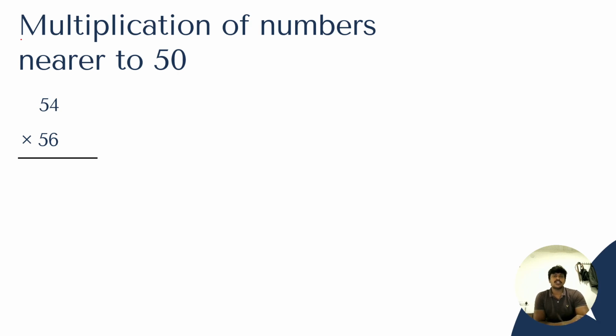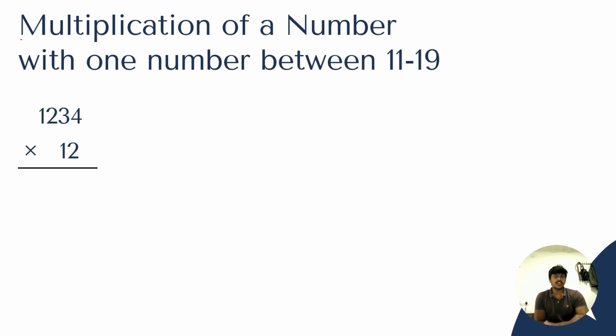Frankly, it's not only about 50; you can apply it for 500, 1000, 300. Once you learn how to multiply numbers nearer to 100, the same process applies to the remaining multiplications also. Then we are going to learn one technique to multiply any random number with a number between 11 and 19.